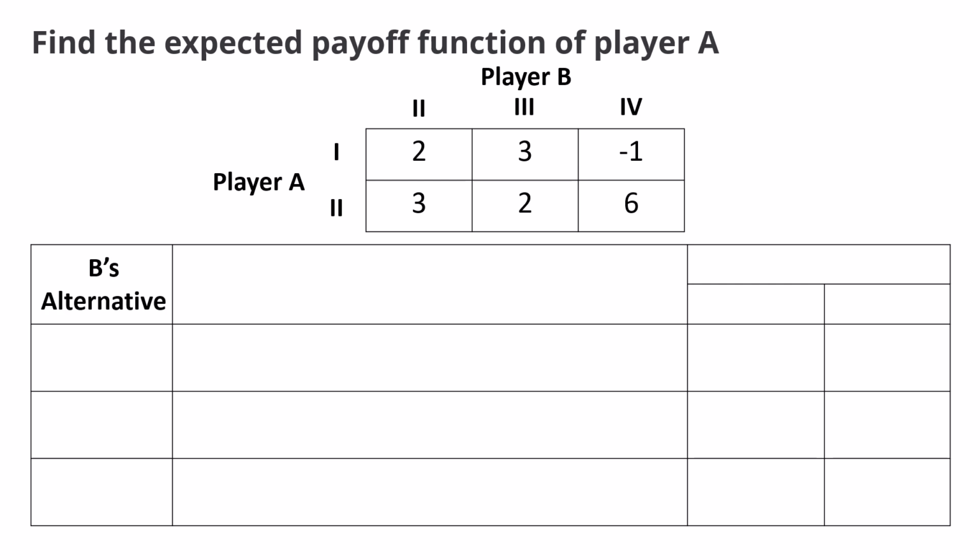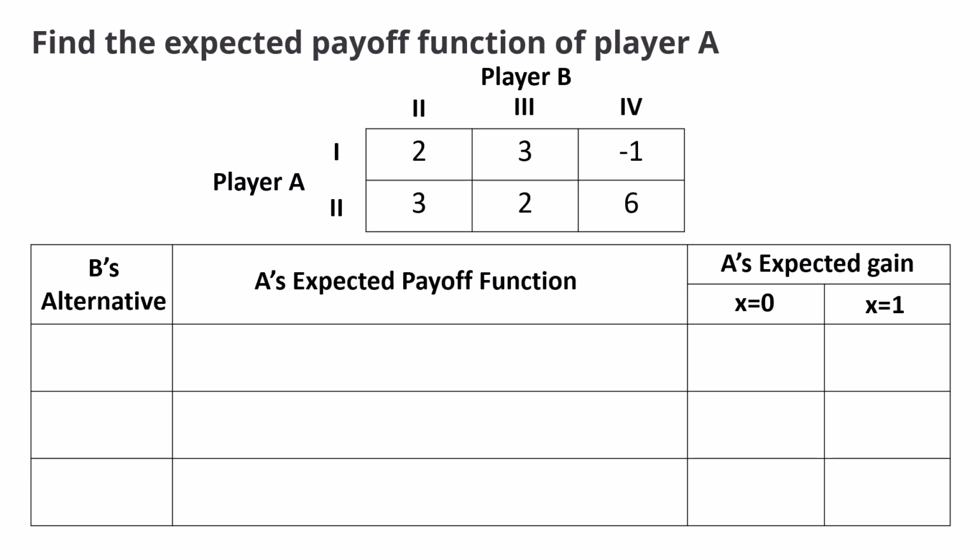B alternatives left are second, third, and fourth, and then the expected payoff function for the first alternative: if player A plays the first strategy, let us say the probability of gaining will be 2x.